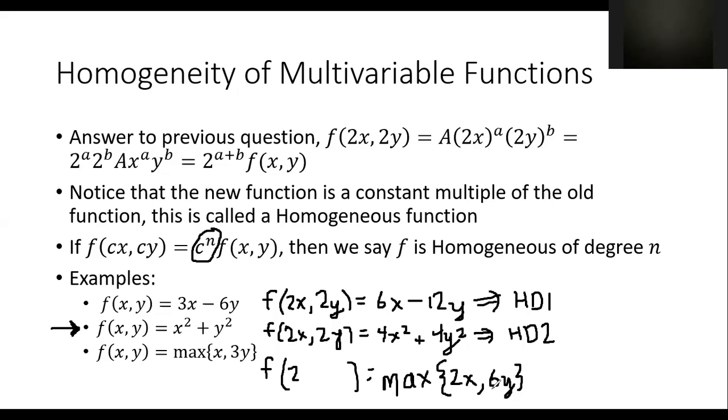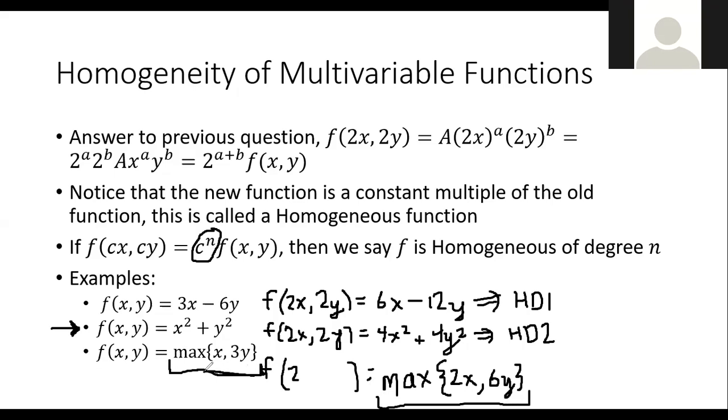You guys think? This is a test to see if you know what I mean by homogeneity. Okay, I only have 10 minutes. You guys understand? Compare the maximum of 2x and 6y to the maximum of x and 3y.